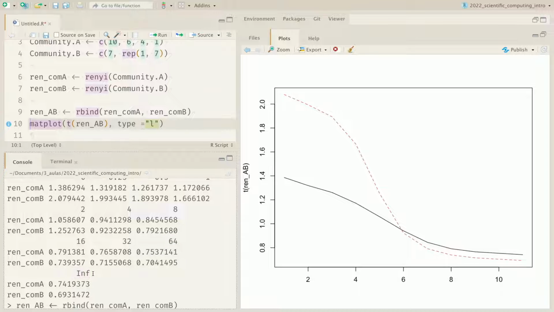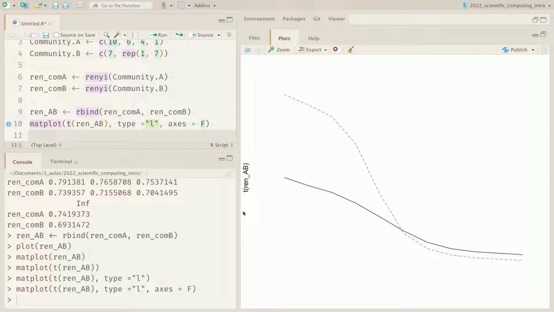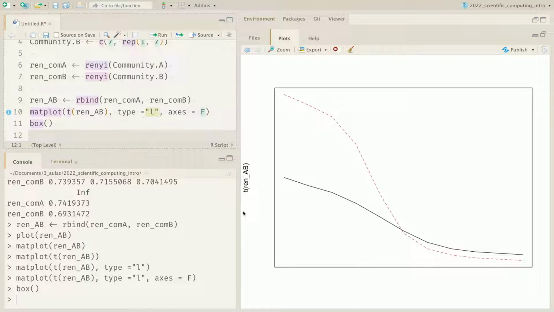Yes. So what we do here is that we can tell it to take the axis off. Axis equal false should take them away, and we want a correct axis. So I will create a box around it, just to have the box itself, but it's optional.